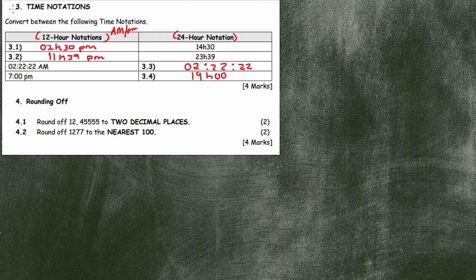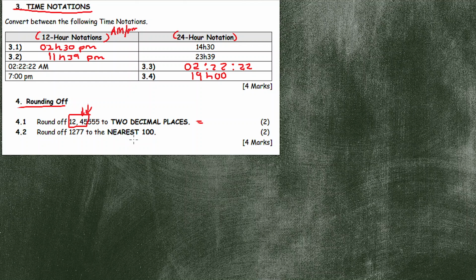Okay, this concludes 3. Rounding off. 4.1. Round off 12.45555 to 2 decimal places. This means that I only need the second decimal place. 1 decimal place, 2 decimal places.